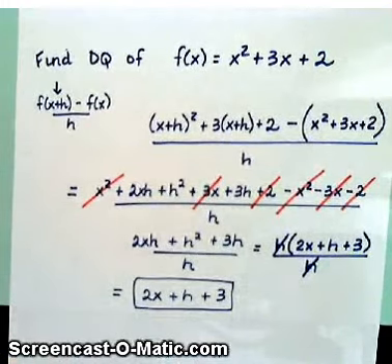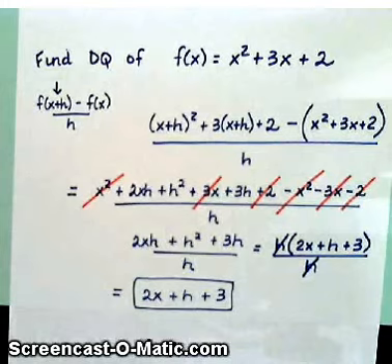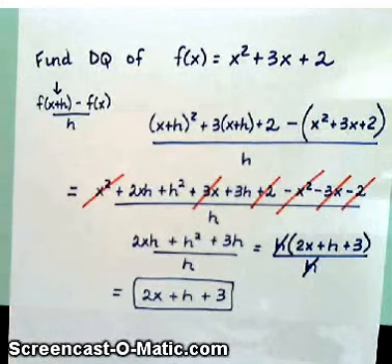Okay, now, after all this is done and we've practiced finding difference quotients, you might be interested in what a difference quotient is. What is this talking about? In calculus, we talk a lot about slope, because slope represents what we call a rate of change.